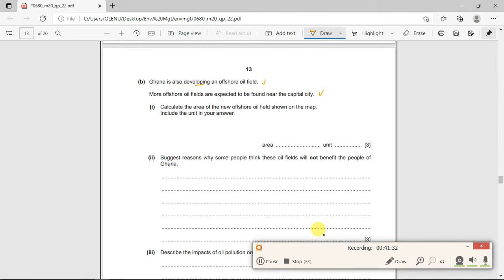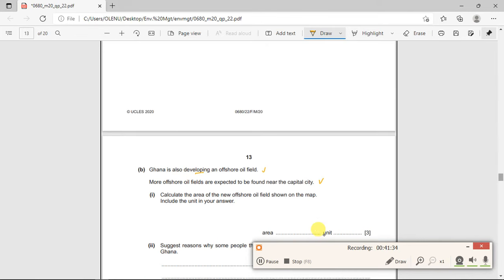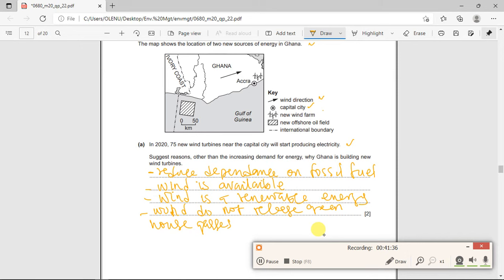So if you come back to your map, this is the offshore oil field, and the map has a scale here. You know this is actually a perfect square. You measure the length from here to here on your scale to get the actual distance on ground, and you also measure this other part, so the values will be the same.